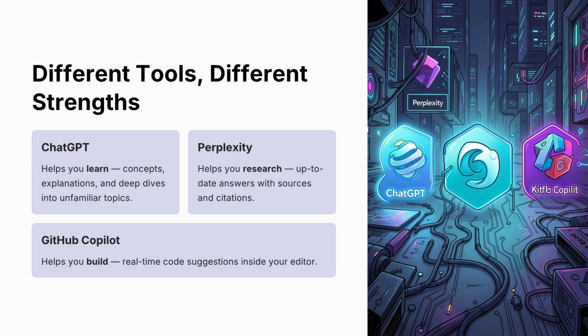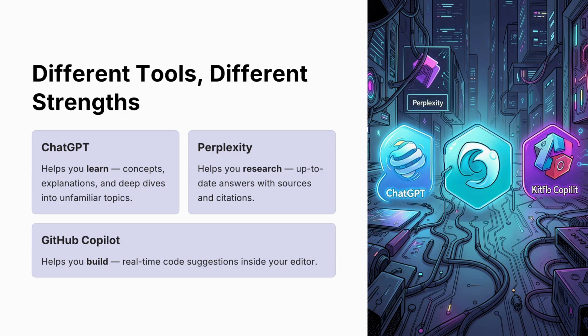Stay focused without switching tabs. And suddenly something clicks in his mind. ChatGPT helps him to learn. Perplexity helps him to research resources. Whereas GitHub Copilot helps him to build applications. Different tools have different strengths. He found that. So, what exactly is GitHub Copilot?